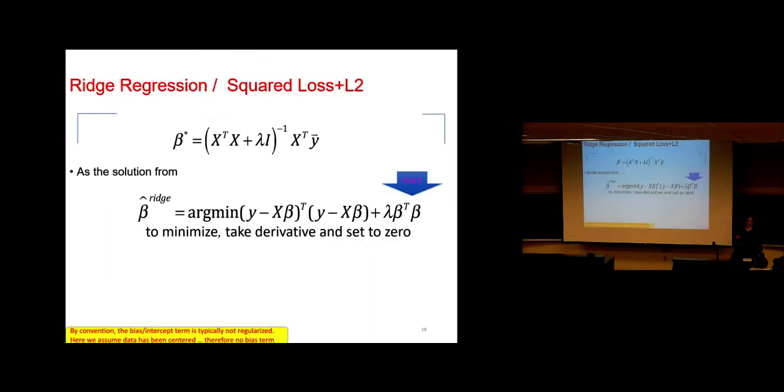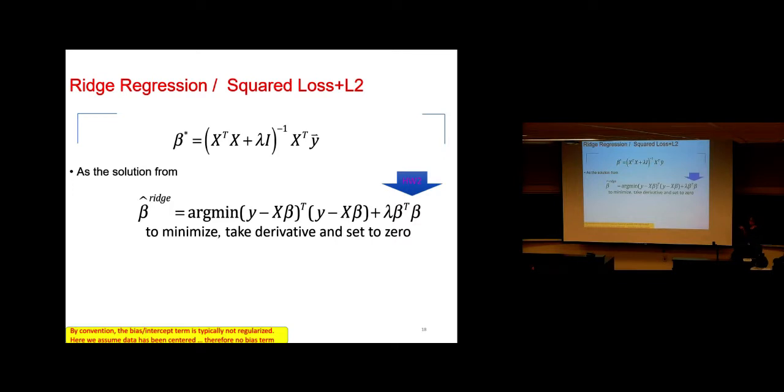The whole thing I'm trying to show is that I can prove this solution is equivalent to augmenting my scoring function from only the sum of squared error with an L2 quadratic norm on top of it.